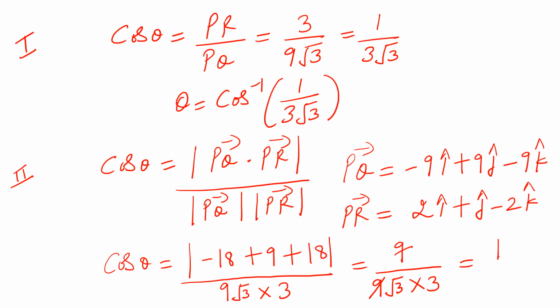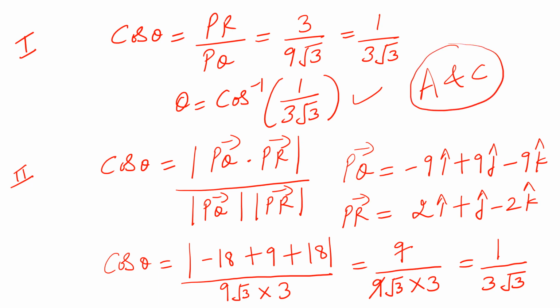Now students, this is finally 1 upon 3 root 3. So that means theta is equal to cos inverse of 1 upon 3 root 3. So we finally conclude that option A and C are correct.